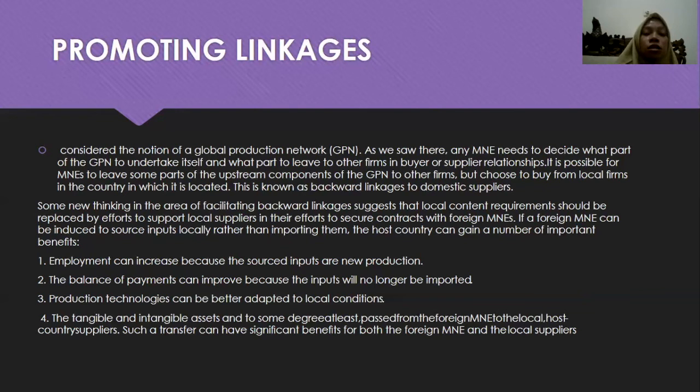Some new thinking in the area of facilitating backward linkages suggests that local content requirements should be replaced by efforts to support local suppliers in their effort to secure contracts with foreign MNEs. So if a foreign MNE can be induced to source inputs locally rather than importing them, the host country can gain a number of important benefits.